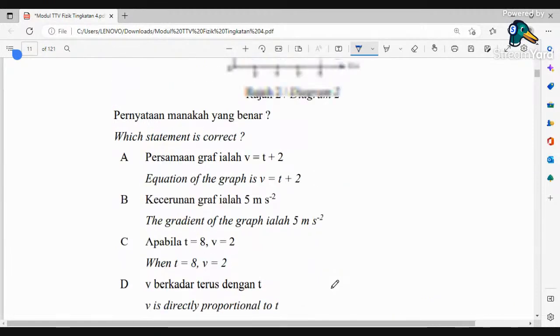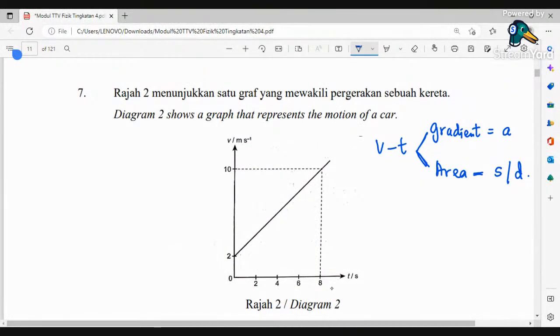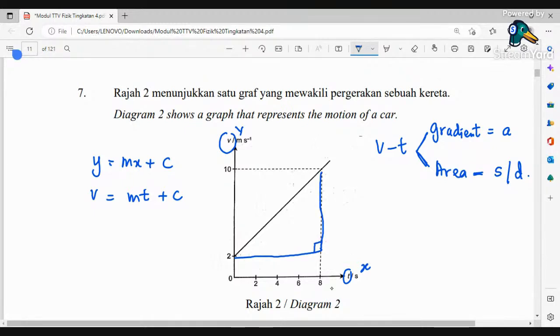This one also wants you to find the equation. Okay, if you find the equation, you have the formula y equals mx plus c. So this is y, this is x, so just replace: v equals mt plus c. Now I want to find m, so I draw this triangle below the line. I get m equals 10 minus 2 divided by 8. So it's 8 over 8, which means 1.